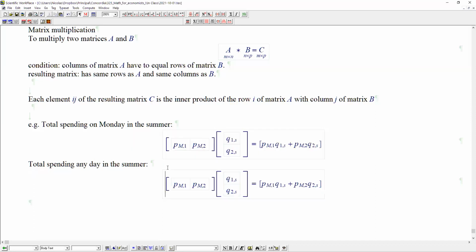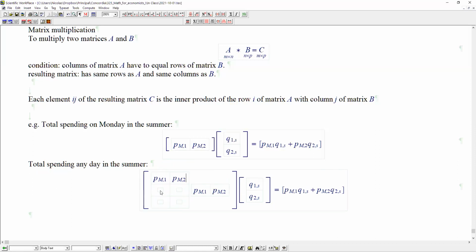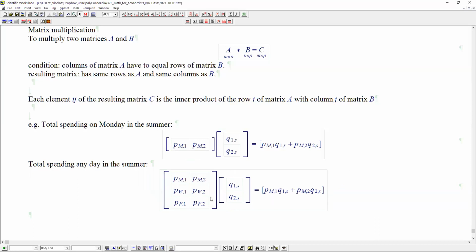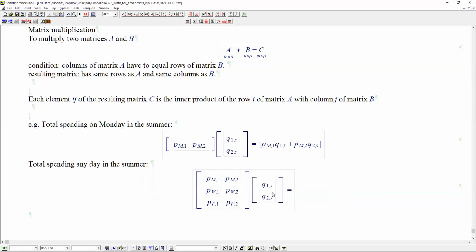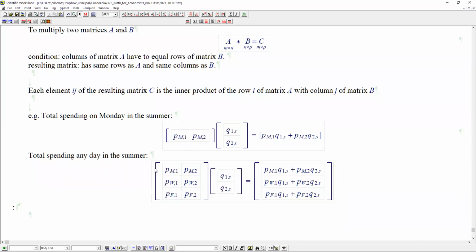So I would get P1M, P2M, PM1, PM2, and then Wednesday and Friday. Wednesday for good 2 and Friday for good 2. And just like that, I'm able to find the answer, and I get the inner products.